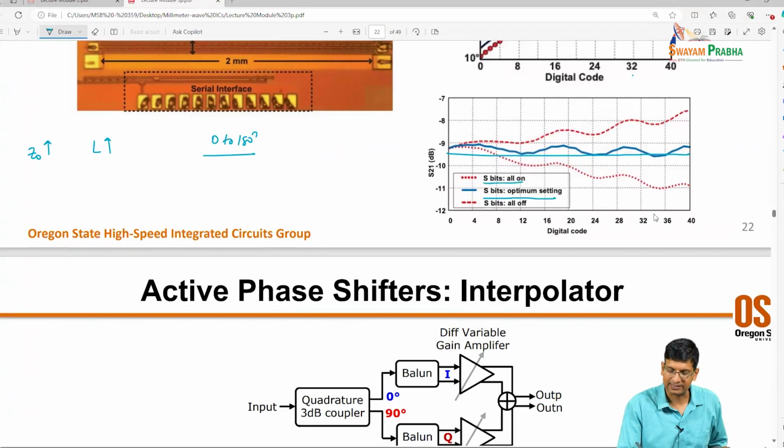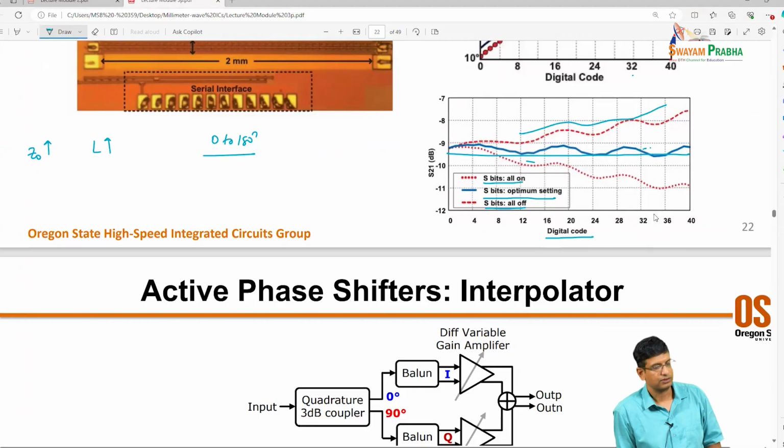So that's basically why in that measurement that they show, there are these S bits, right? If you keep all the S bits off, this is their loss profile. If you keep all the S bits on, this is their loss profile. And then they are trying to keep it uniform. So as they change their phase shifter code, they are basically adapting the S bits to keep it in the middle, right?